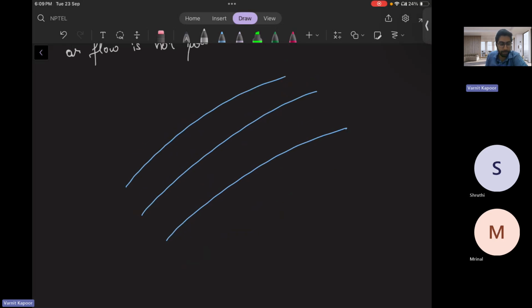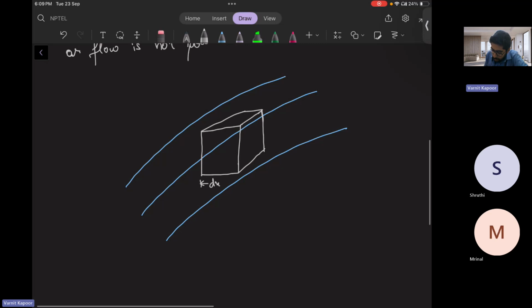So let's draw a fluid element, a parallel pipe kind of scenario. Suppose this has dimensions: this is dx, this is dy, and this is dz.